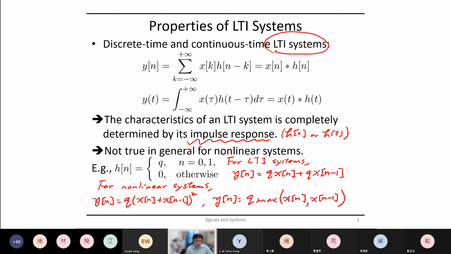So this shows that just giving you the response to an impulse at time 0 for a nonlinear system does not characterize completely the input and output relation for this system. So being able to use the impulse response to characterize fully the system is a very special characteristic of linear time invariant systems.